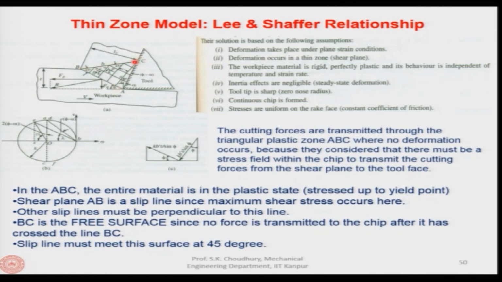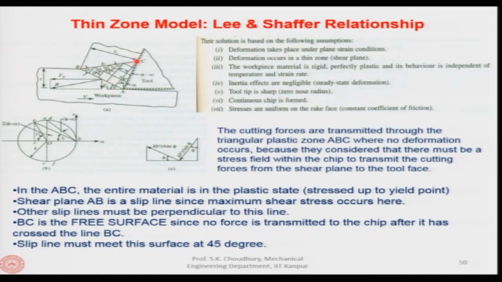This is the plastic zone within the chip through which the forces are transmitted from the work to the tool. BC, this one, is the free surface since no force is transmitted to the chip after it has crossed the line BC. You understand what we are saying is that this is maximally stressed and the force is transmitted up to here, and then there is no force transmitted there. The chip is moving because of the force transmitted up to this.